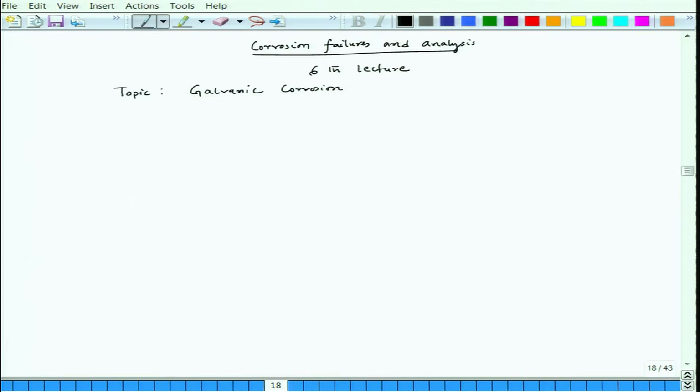In fact, while we looked at different aspects and mechanisms of uniform corrosion, we talked about rain droplet corrosion. While talking about it, we mentioned that it is basically in a galvanic mode where cathodes and anodes are forming at specific locations.